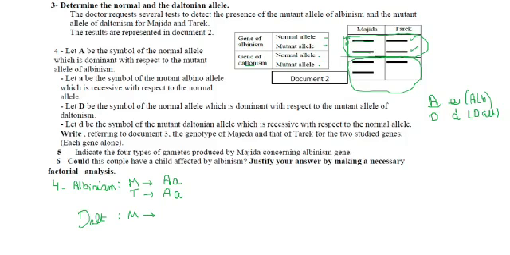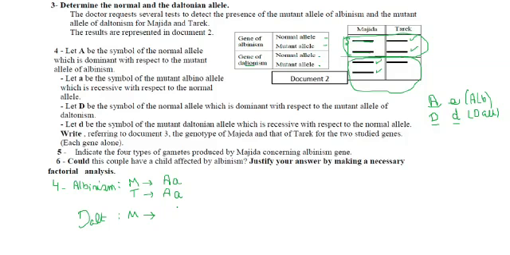Majida, we must not forget that daltonism is a gene located on the X chromosome. So Majida has XX chromosomes, meaning she has two alleles concerning this gene. She has this allele and this allele, two different alleles. So they must be capital D and small d. Majida will have capital D and small d.